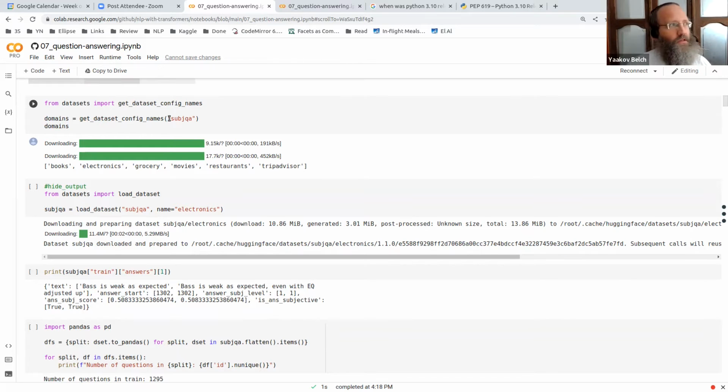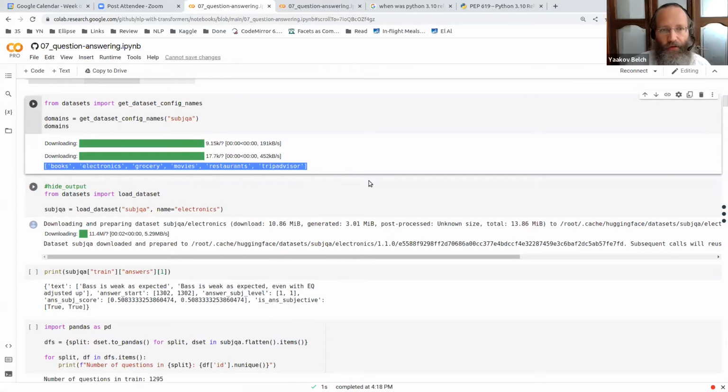Closed domain means that the questions are more similar to each other, and it's easier to work this way. Open domain is when we take many domains together and try to build one model which answers all of them together. Obviously, taking one subset like electronics out of the system is easier to succeed with. This is what they do in the chapter.